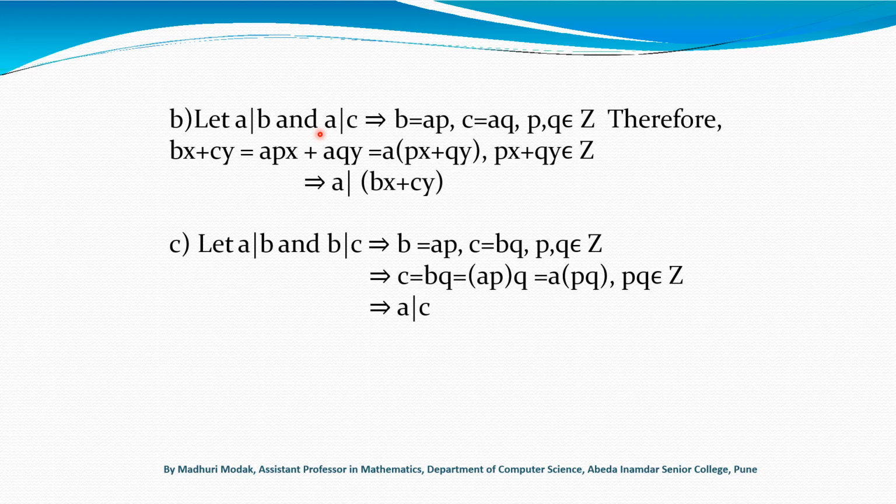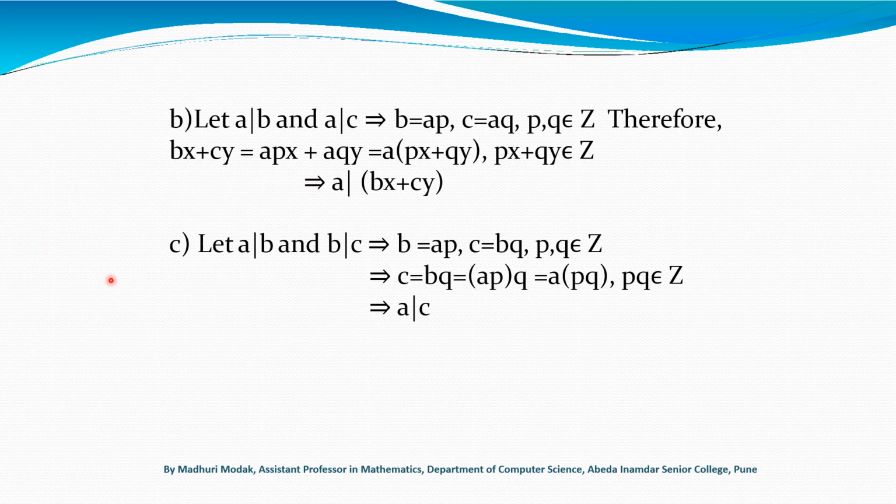As we got b equal to ap and c equal to aq, putting these values here, we write bx plus cy equal to apx plus aqy. Now taking a common, that is the distributive property, it is a multiplied by px plus qy. Now as p, q, x, y all are integers, px plus qy is again an integer. So finally see this statement, bx plus cy is equal to a multiplied by some integer. So by definition we can write a divides bx plus cy. So if a divides b, a divides c, then a divides bx plus cy.